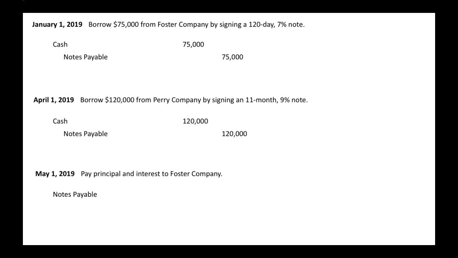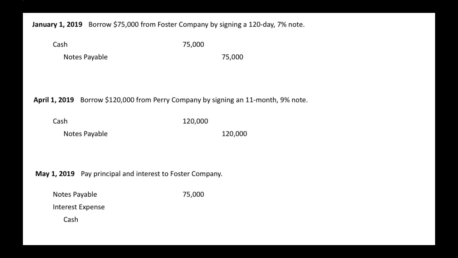What other accounts are we going to be dealing with here? Well, we're going to have to deal with an interest expense. There was that 7% interest on that note. So we're going to need to calculate the interest and then include that in our payment. And then we credit cash because we are paying Foster Company this money.